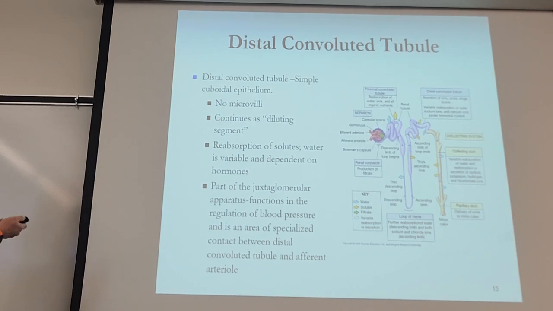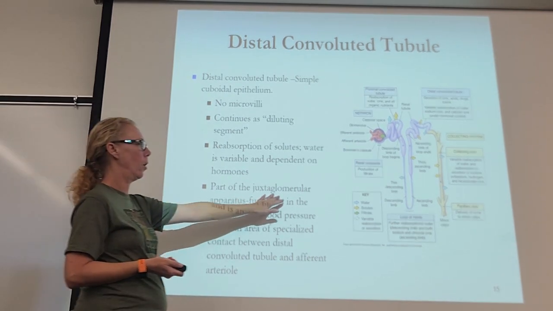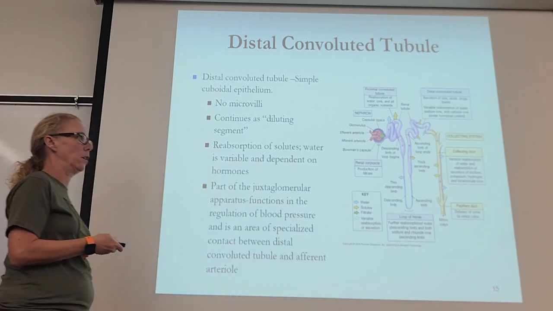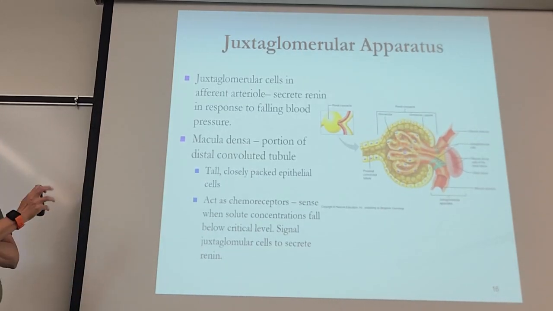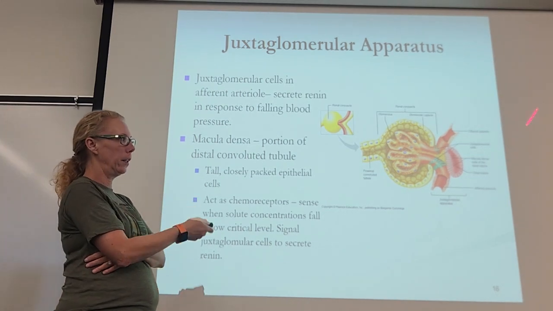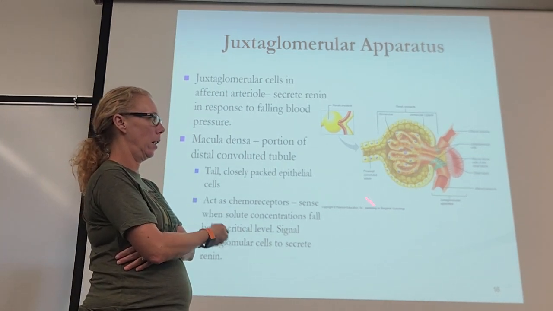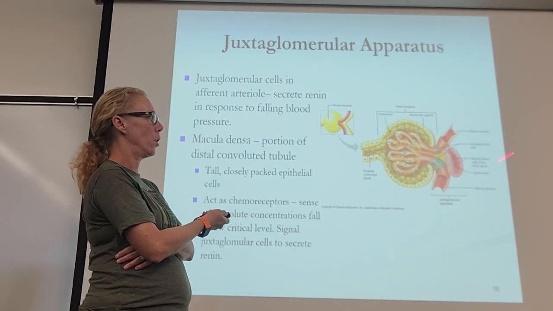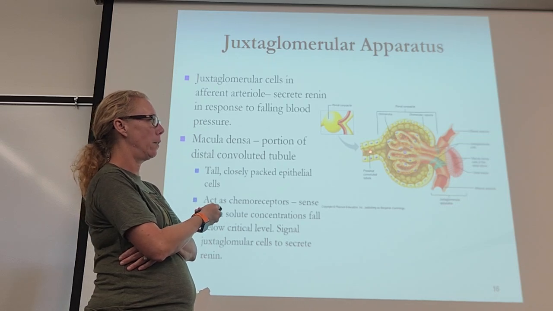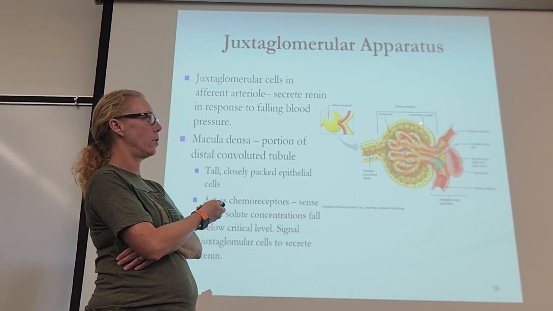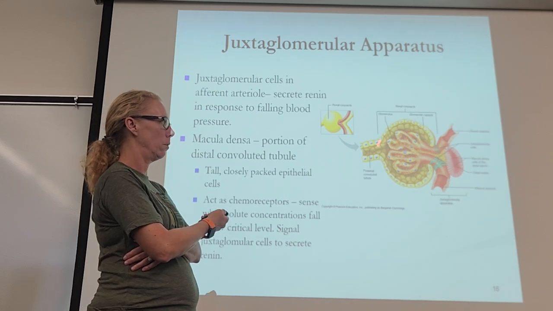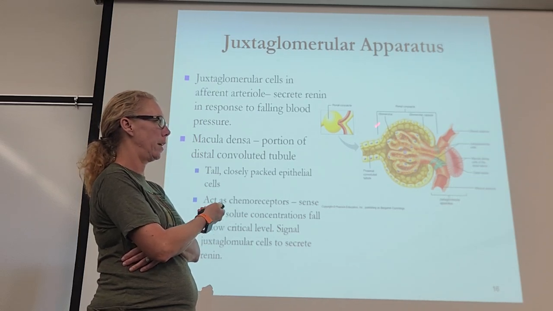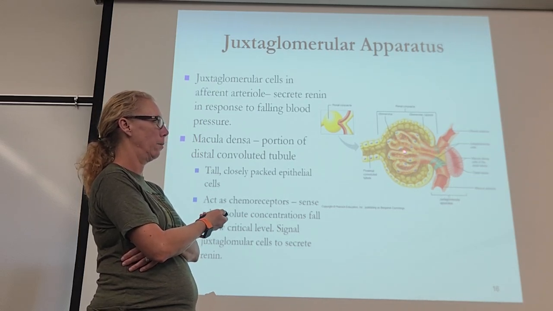Okay. So that's why we have two different capillary beds located in two different parts of the nephron. Okay. So the DCT here is part of what we call the juxtaglomerular apparatus. So let's talk a little bit about that. All right, so we didn't identify this on the model in lab, but this looks a heck of a lot like the model, okay? So we know that the PCT directly attaches to the glomerular renal corpuscle, to the glomerular space, capsule, and glomerulus, okay?